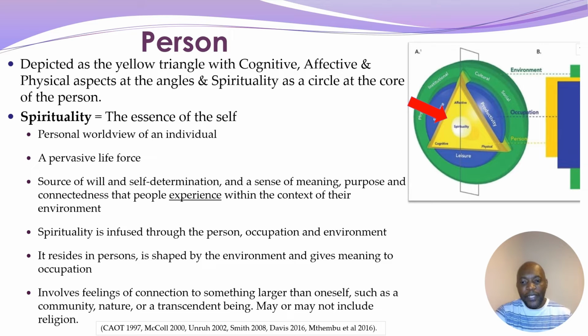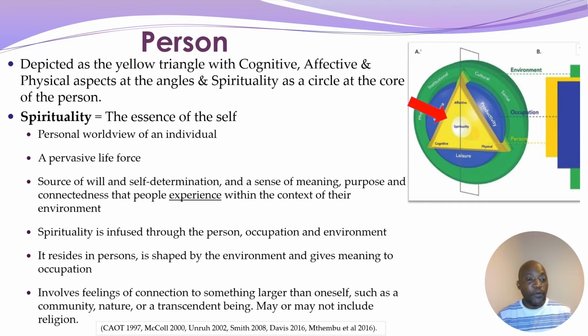So in the CMOP-E, spirituality is given importance as it is considered the core of the individual, or the core of the person. Now, defining spirituality can sometimes be complex, but what I've done here, I've put together what the different authors have said about spirituality.